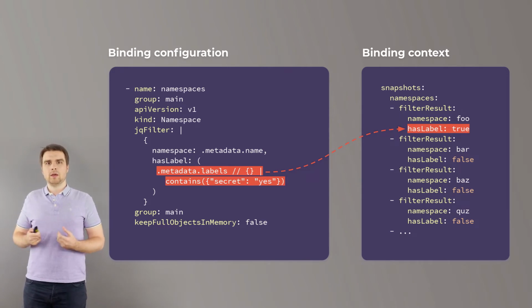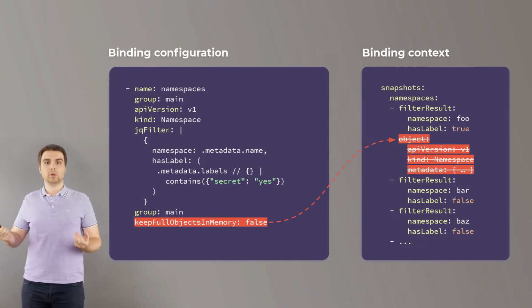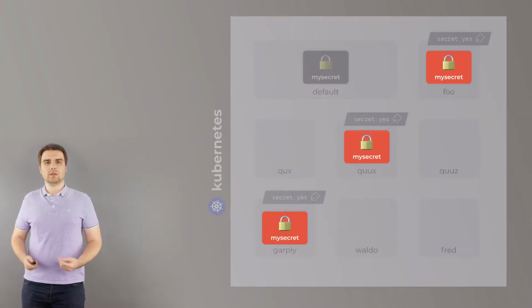In the previous example, we received a full source object, a full Kubernetes object, but since we aren't interested in it, we can remove it with a keepFullObjectsInMemory false statement in the binding configuration, and it will be missing in the binding context. Last but not least, destination objects, destination secrets.